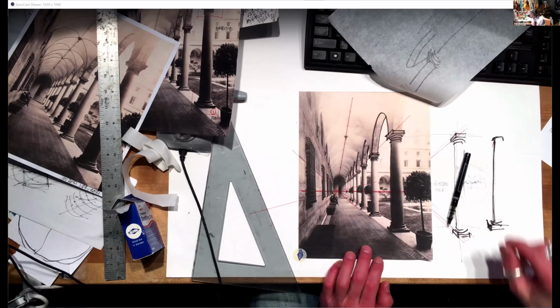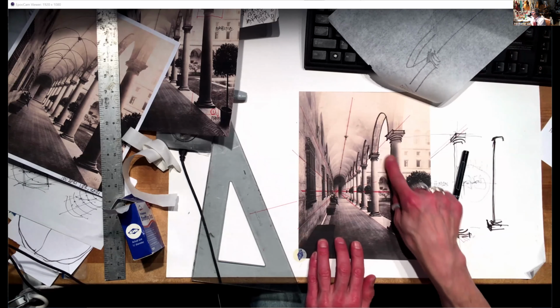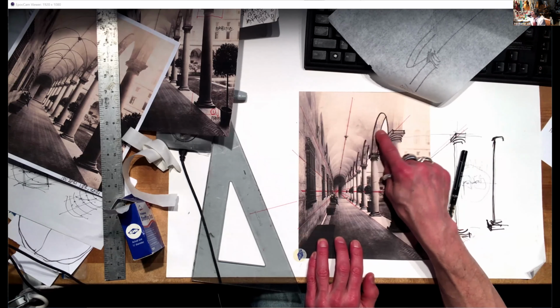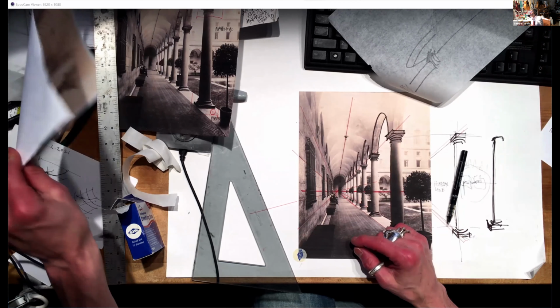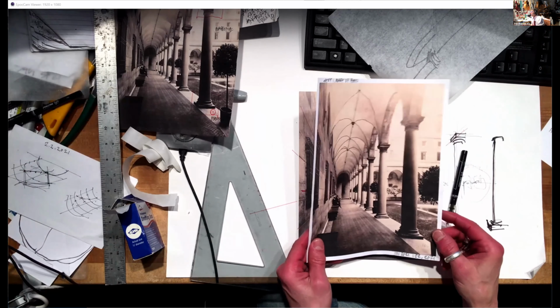Then finally, the problem of the cross vaults. I'm going to show you what I've drawn here.